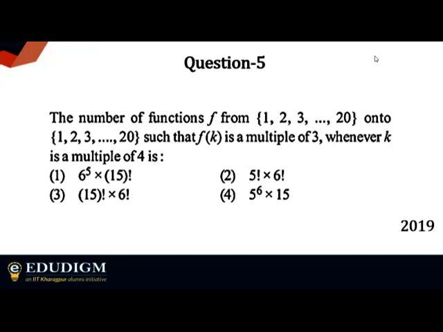Just make sure you don't miss out on the part that it is going to be an onto function. Let's see some more answers and we'll quickly reveal the solution. The solution is not very complicated from the point of view of permutation and combination, but the factual things that you have to get right for functions are very important.